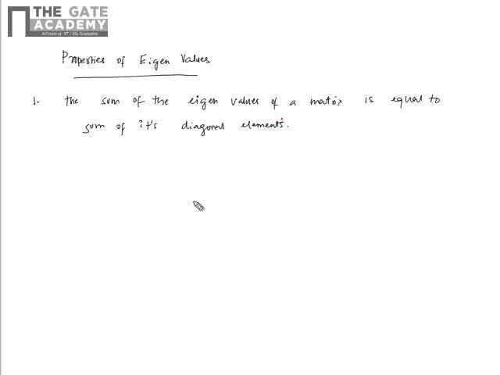This is a pretty standard result, and it basically boils down to finding the sum of the roots of the characteristic equation. You can derive it also, but I'm just stating these important facts. So that was about the sum.